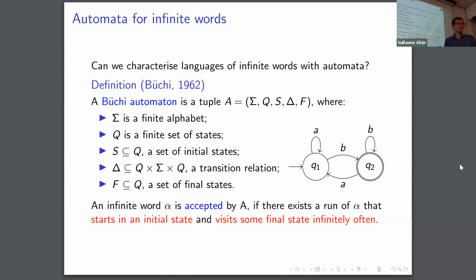Here we can see a word has to start in Q1 and it has to go infinitely many times through Q2. And this is actually just a language that has infinitely many B's in it, because we can get into Q2 only by reading a B. So this automaton accepts the language of all words that have infinitely many B's.